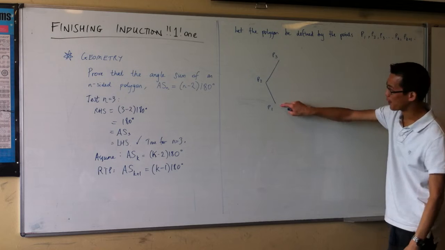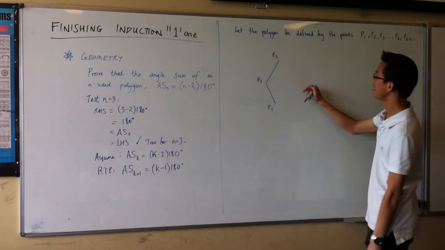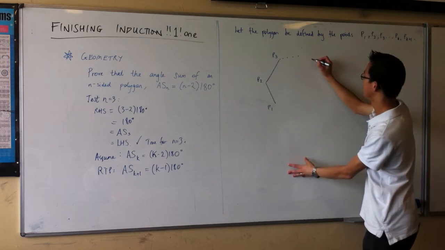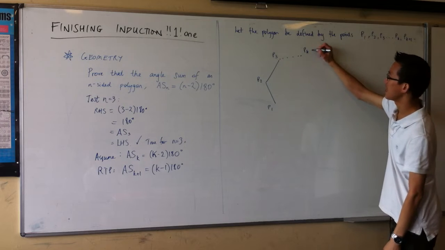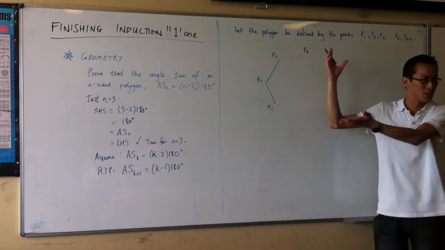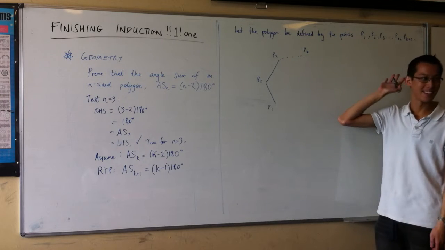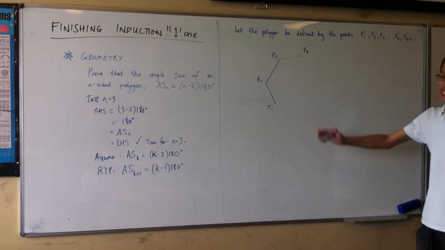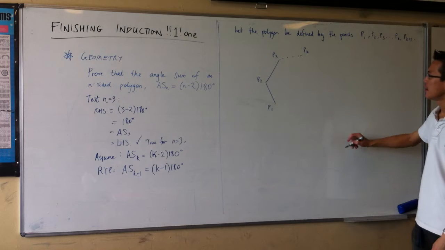So I'm going to go point 1, point 2, point 3, dot, dot, dot, to point K. I have to, right? Because what are you going to put in there? You don't know what it's going to do, okay? It's just going to do its thing, okay? This is up to point K, right?